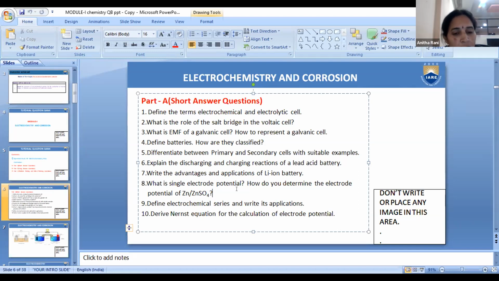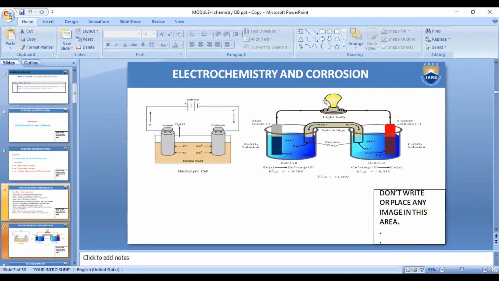So these two electrodes, SHE and zinc electrode, how are you connecting?